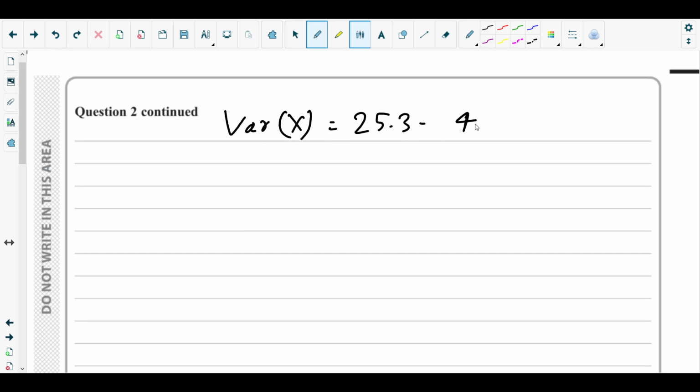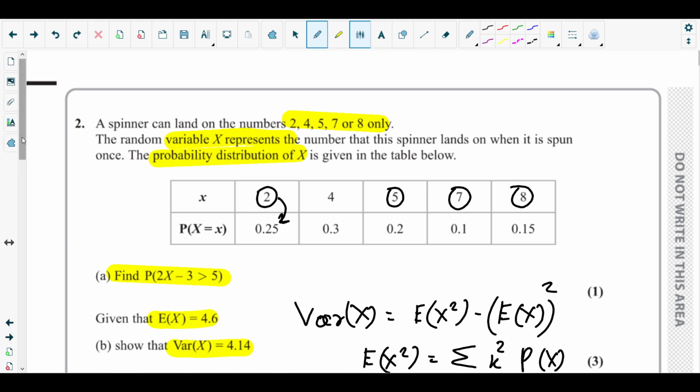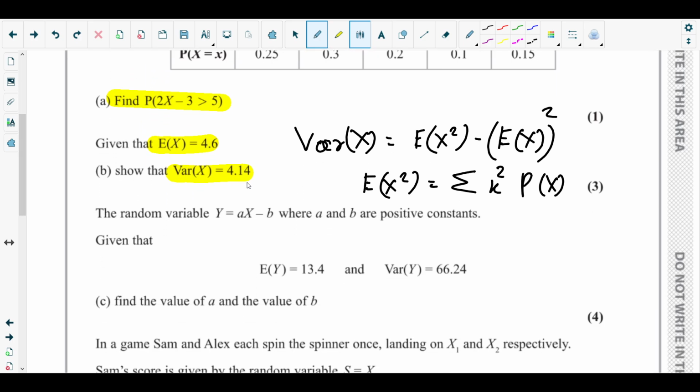So 4.6 squared, this is basically 4.14. So the variance is 4.14. Done. We got the variance 4.14 as asked by the question.